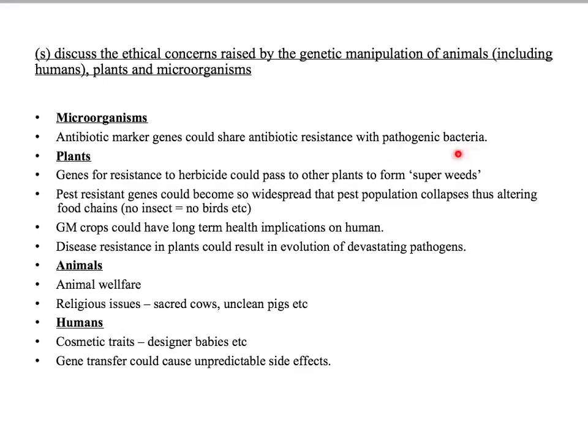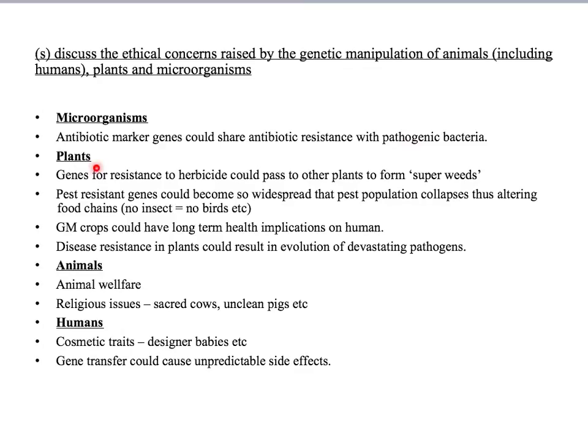Those pathogenic bacteria would now be resistant to antibiotics, and if they became widespread in the population, we might not have any antibiotics to control the diseases they cause. That could be a real problem.